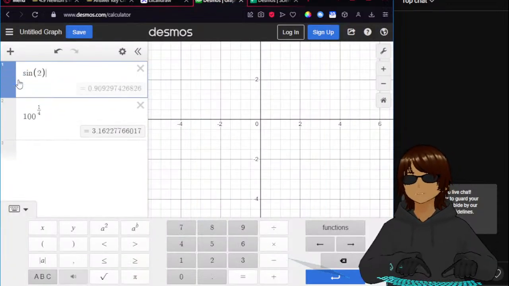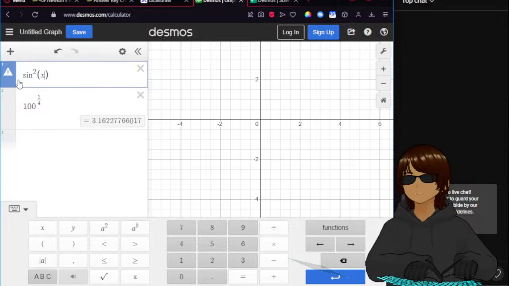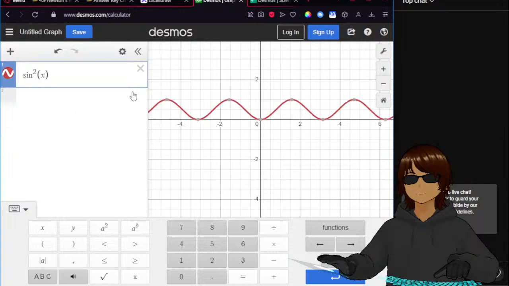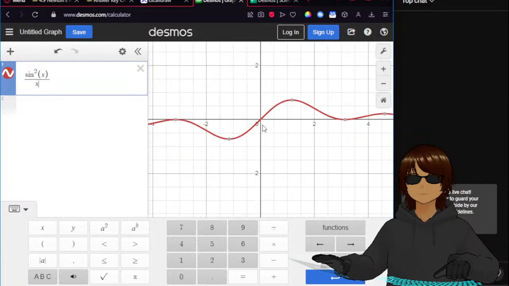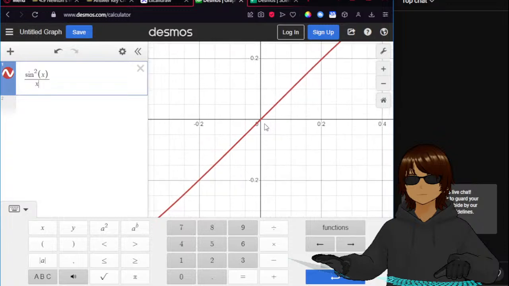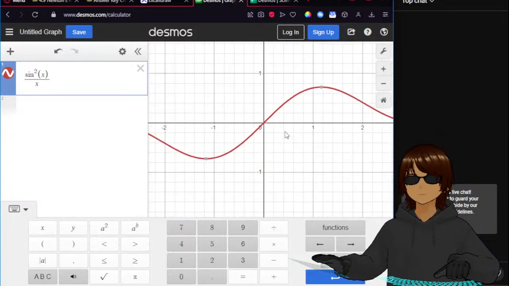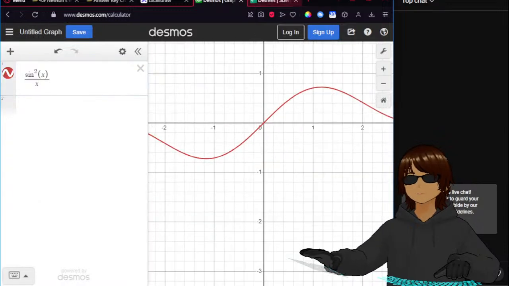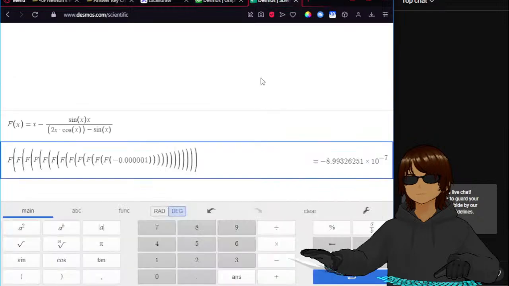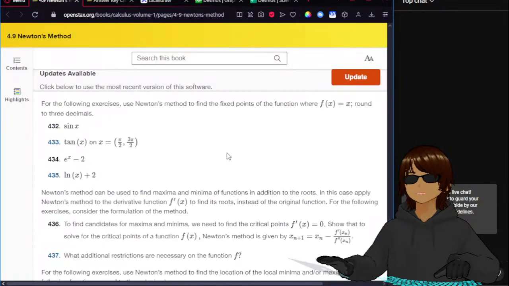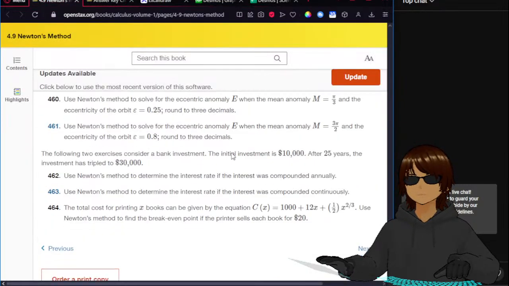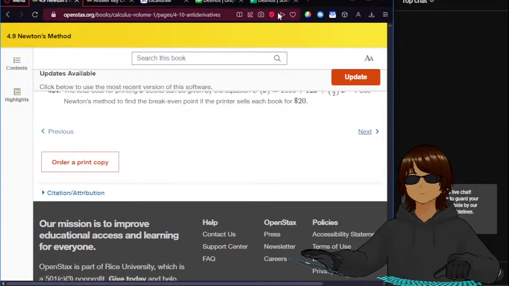If I do sine square x, yeah, the root is at 0. This is going closer and closer to 0. I'm wondering if this is the right way to do it. Okay, let's do the next chapter.